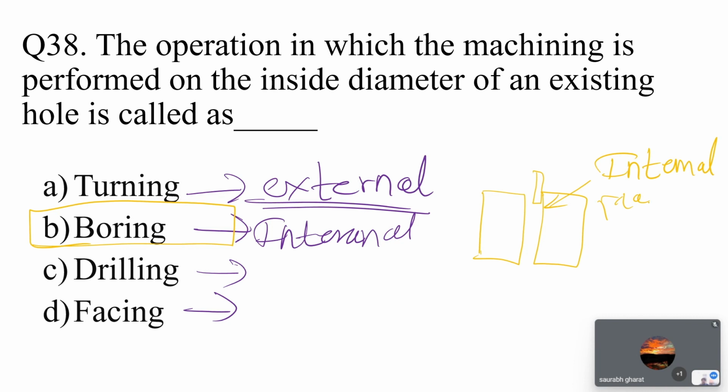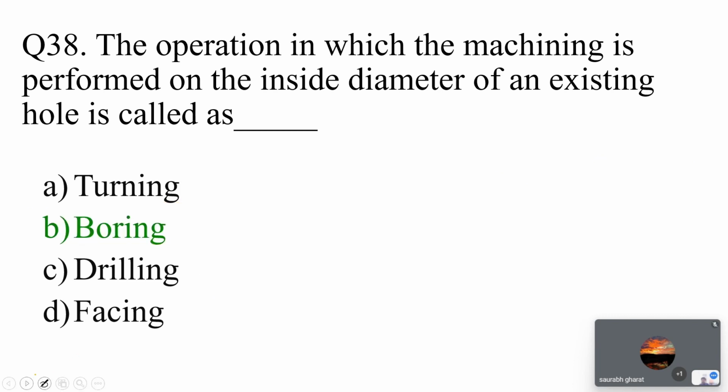It's called the boring operation. So what is creating a hole? This kind of hole is there. So this is an axis and this hole is there. And what are we preparing here? We are preparing a hole. Boring operation. The answer is clear: boring.